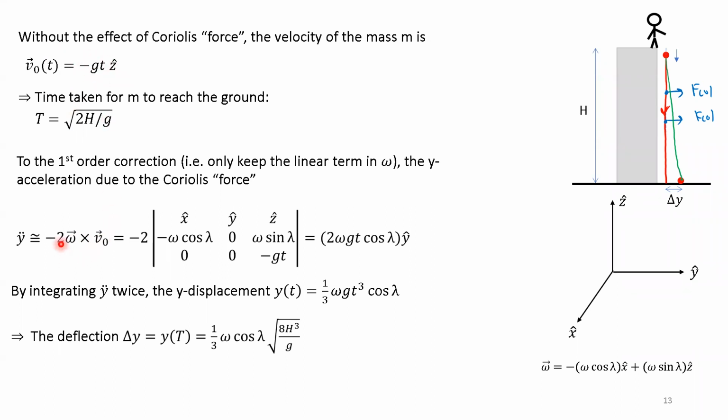From this we calculate the Coriolis force, then calculate the acceleration of that particle due to this force, and find the so-called correction to the trajectory for the particle. So you can see that this is not the exact solution.